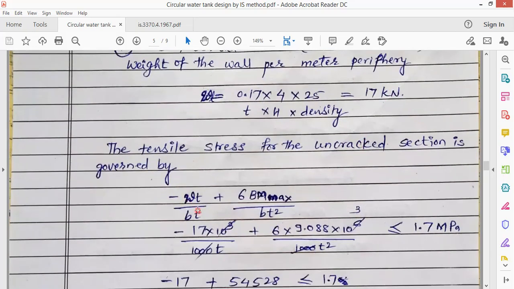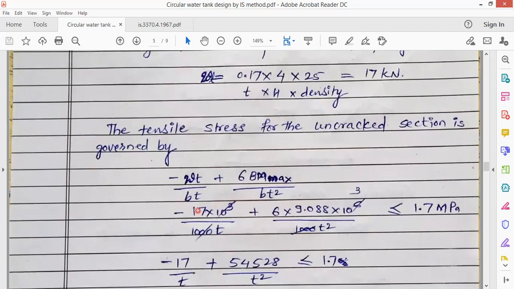So we have this particular equation to check the criteria. It is weight divided by BT plus 6 times maximum bending moment divided by BT square, which we have already used previously. So this weight we have calculated as 17 kilonewton. So 17 into 10 to the power 3 divided by B, B is 1000.